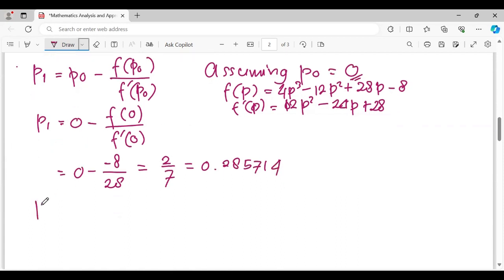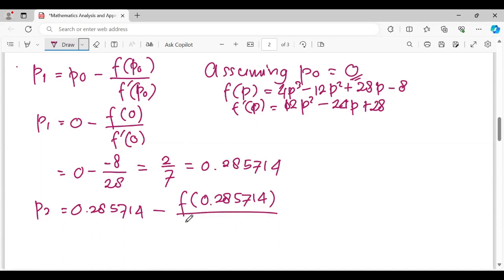Next P2. P2 is 0.285714 minus f(0.285714) over the derivative at 0.285714.